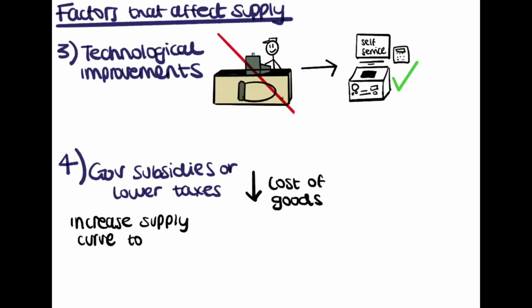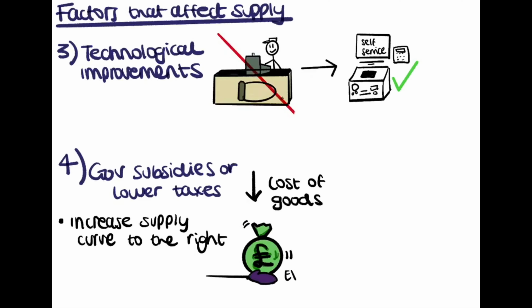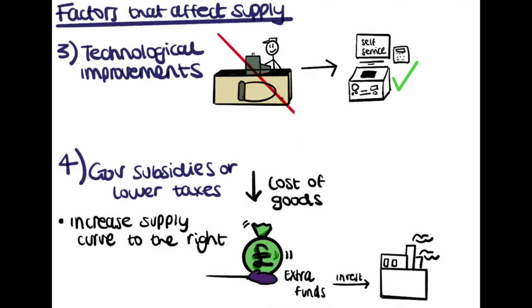Either an increase in government subsidies or a reduction in government taxes would increase supply and shift the curve to the right. Suppliers can choose to invest with the extra funds. This may be in a new factory, which would allow suppliers to increase their capacity and therefore shift supply to the right.